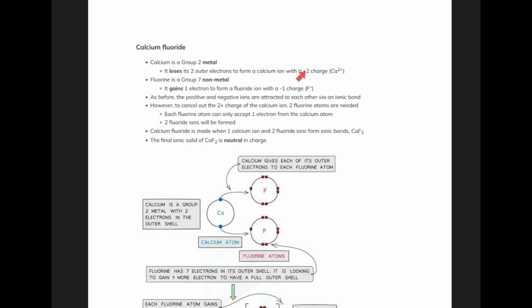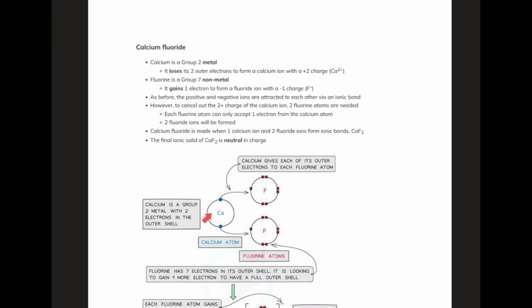Oxidation number you write +2. So charge 1 minus, oxidation number -1. Then after that, the charge is not the same over here. So because of that, you need to use 1 calcium and 2 fluoride to cancel off the charge, and hence the ionic compound has formula CaF2. CaF2 is neutral in charge.